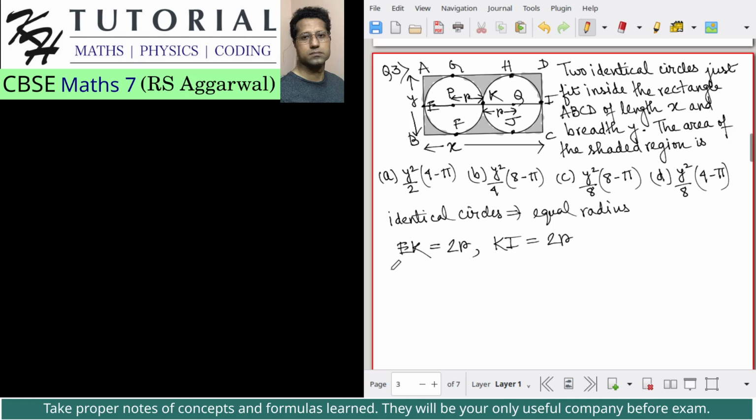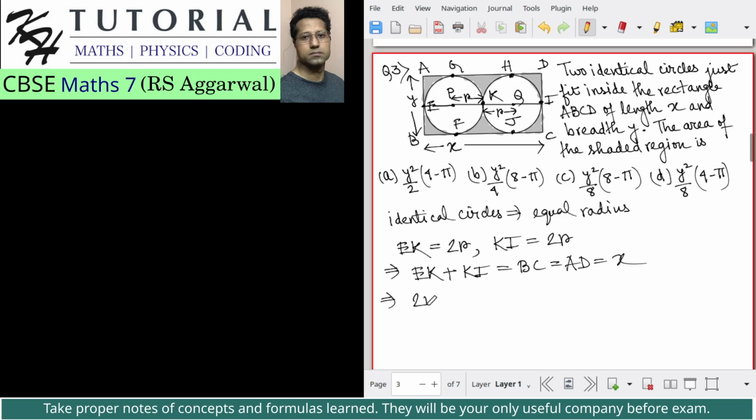Now what is EK plus KI? EK plus KI is nothing but the side BC, or this is equal to AD. That is the length of the rectangle ABCD, which is equal to X. So what is EK?